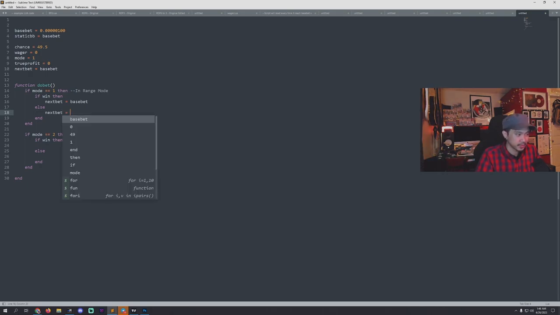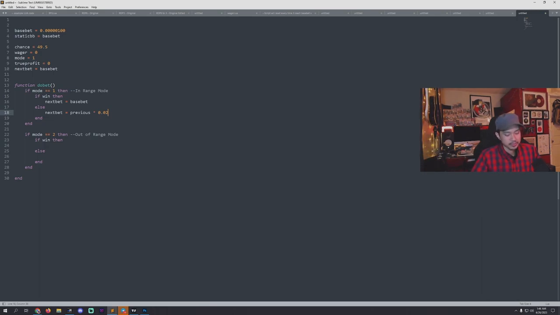Okay. But how about let's do this. Let's do the next bet will be 2% of your previous bet. You get that? So we're actually not going to do one. We're going to increase it by just a tad bit. Okay. So if you bet $1 and you lose that, your next bet is going to be $1.02.